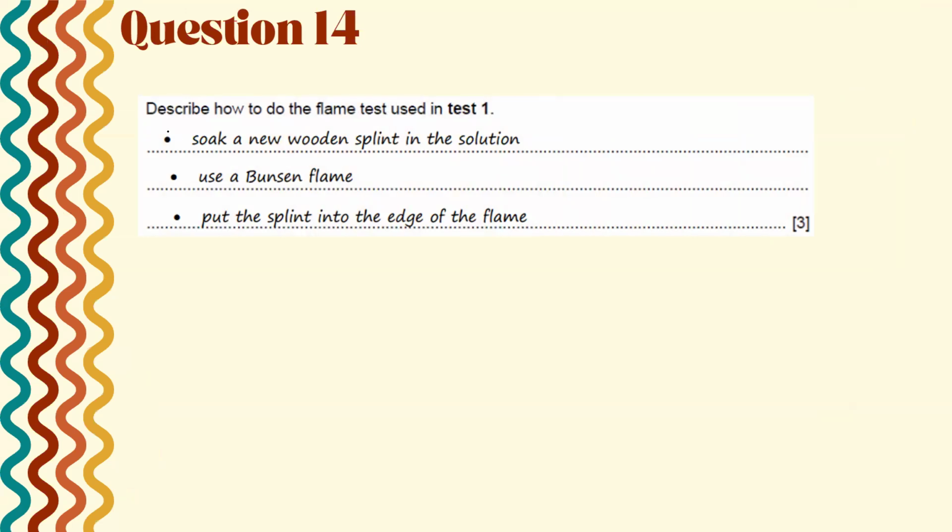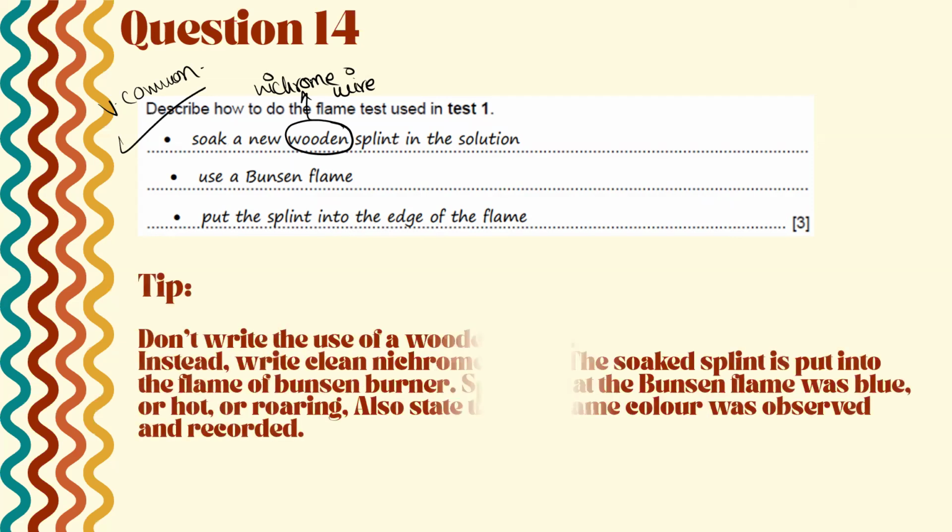Now the flame test. Very common question. They can ask you how to perform a flame test in question number 3. The answer written is: soak a wooden splint in the solution, use a Bunsen flame, put the splint into the edge of the flame. Okay, now for the flame test, we don't use a wooden splint. We always use a nichrome wire, because it is stable at higher temperature also.